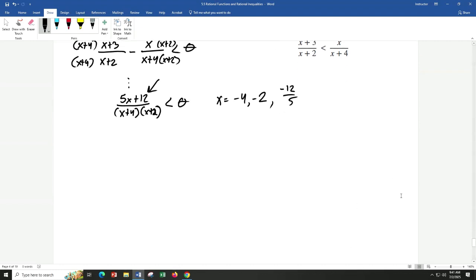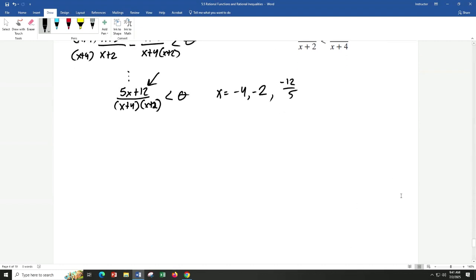I'm going to do this kind of quick, because I've only got literally like 4 minutes. I need to start finding out where f of x is less than 0. Draw yourself a little longer number line here. Notice I have -4, and then right here I'm going to have -12 over 5, then I'm going to have -2. Well, you've got some domains, don't you?